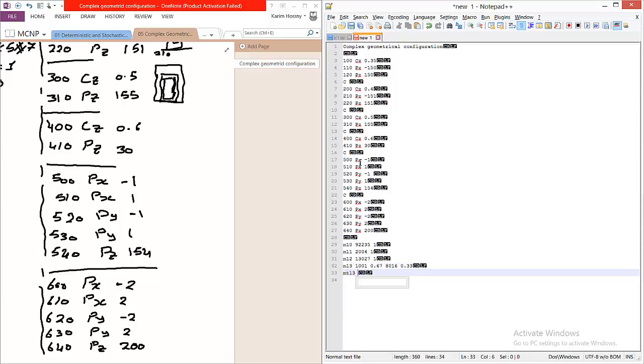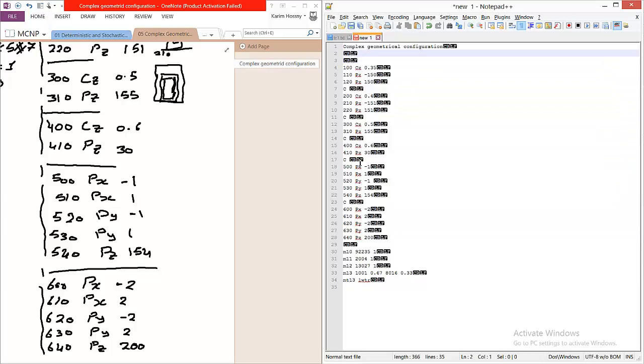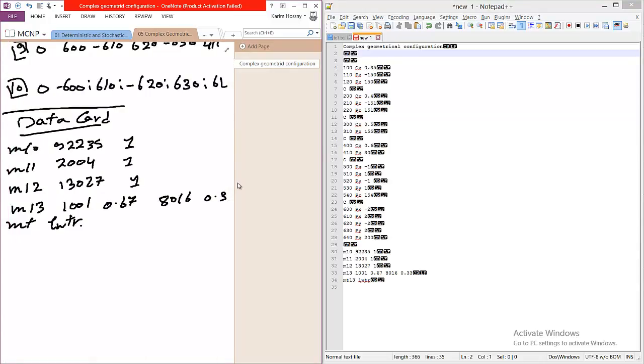MT13 was the light water treatment, and that's a simple data card. It's not complete, so of course the code won't run, but that's enough to show us how.